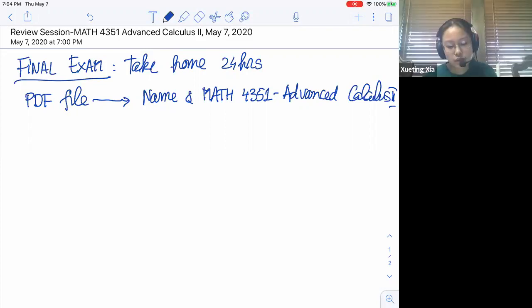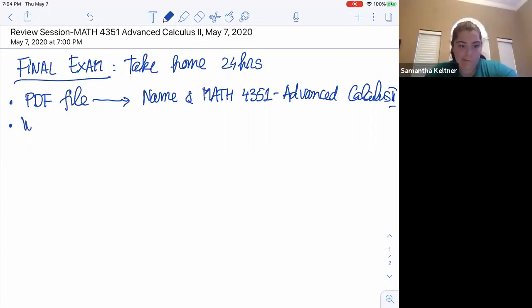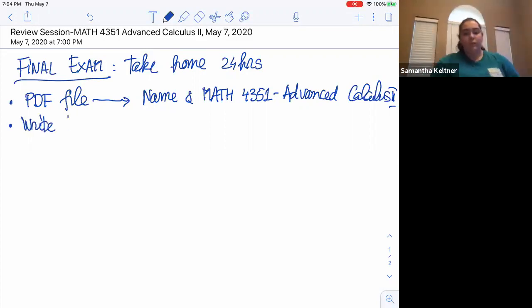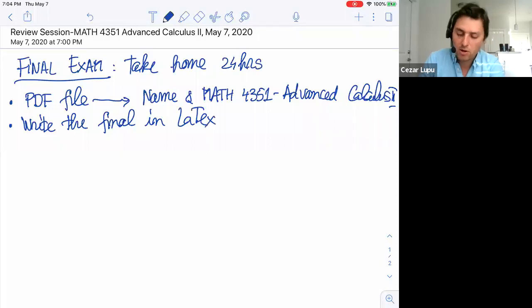Another thing, do you still want the LaTeX file? Yeah, I was about to talk about this. Those of you who want, you can send it as a PDF file, but you also have another option. You can write the final in LaTeX. I will send you the final in LaTeX via Overleaf, and you can share the file with me via Overleaf. Make sure you create a very different file from all the others, from the homework and everything.